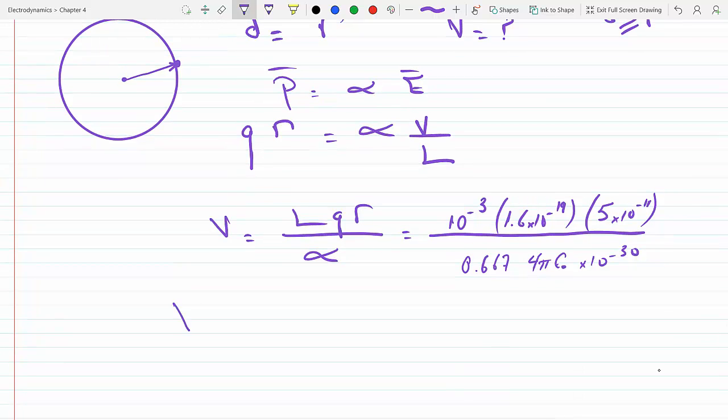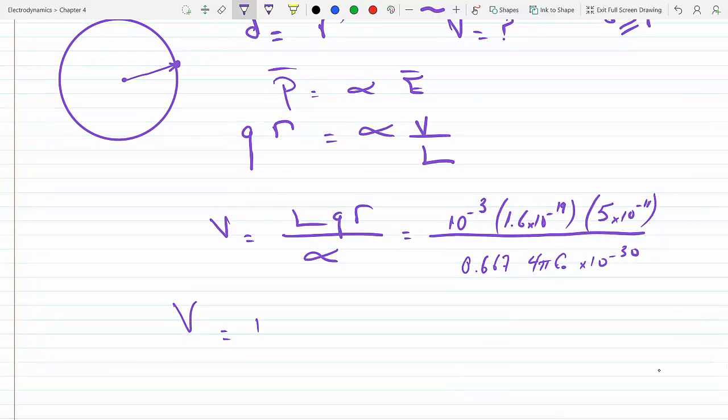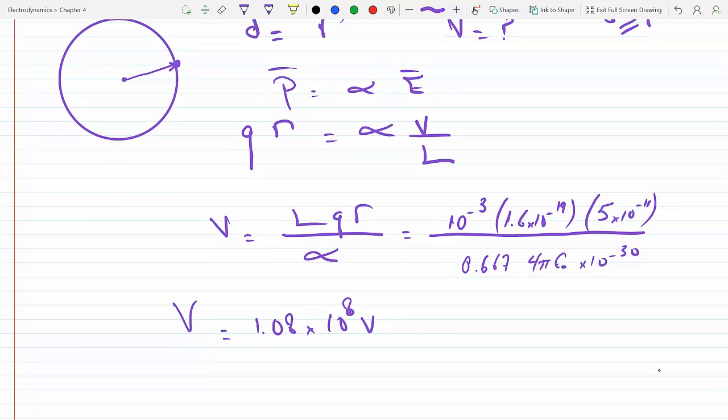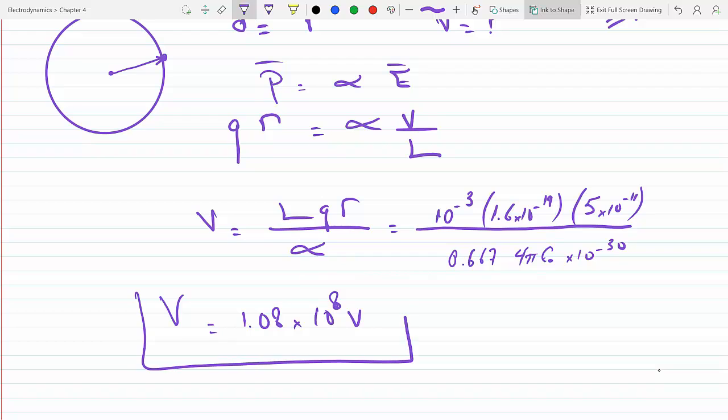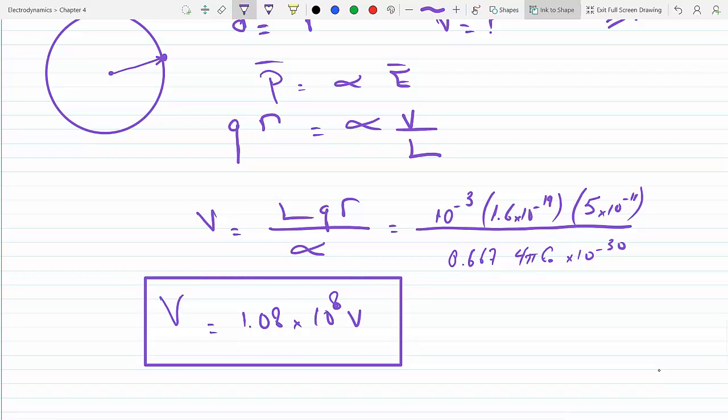Plugging this in, we need a voltage of about 1.08 times 10 to the 8 volts to ionize it. This is the voltage needed to ionize the hydrogen atom.